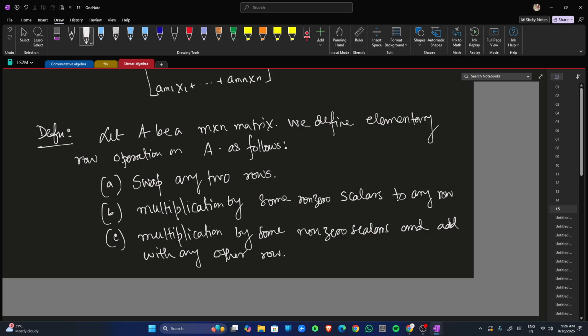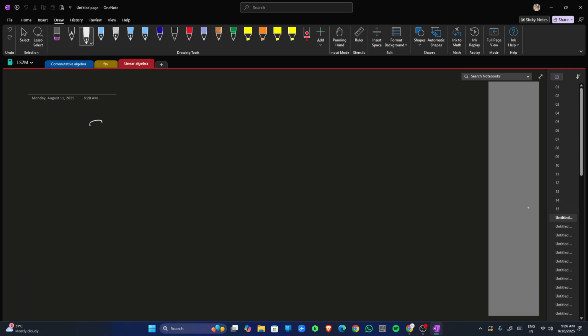So what are the elementary row operations on a matrix? Basically, you take a matrix, say a11, a12, a13, a21, a22, a23, a31, a32, a33.